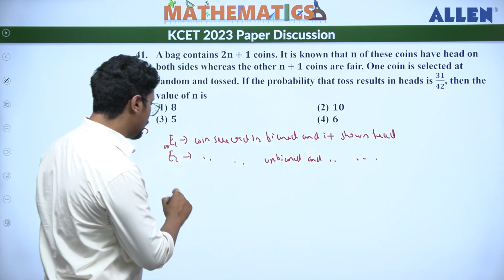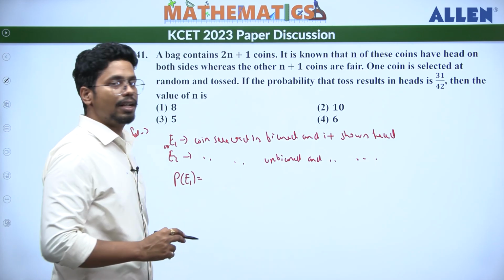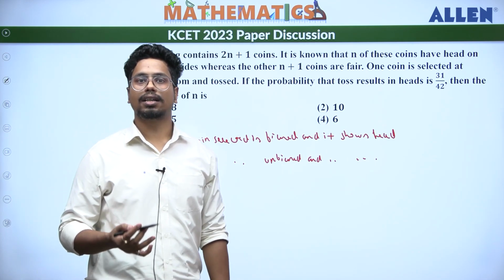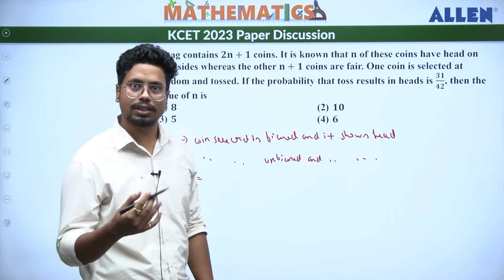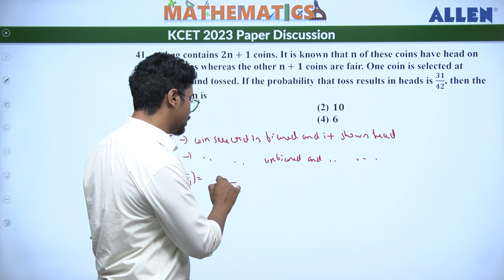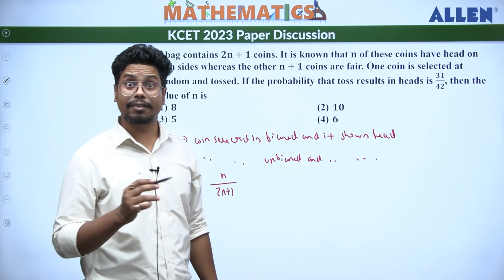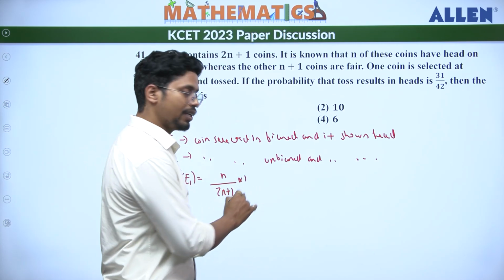So what is the probability of event 1? It is the probability of selecting a coin which is biased, which always shows head. The total number of coins is 2n plus 1, and how many coins are biased? n. And the probability that it shows head will always be 1.